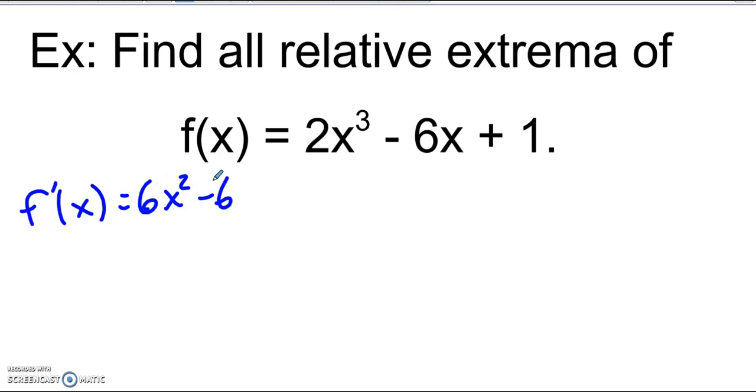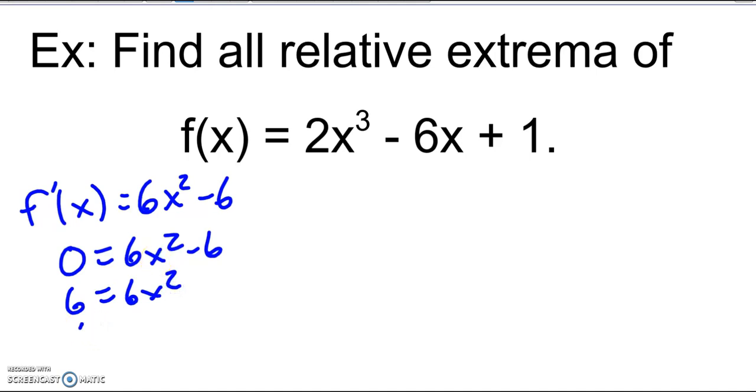And again, we need to find where the derivative equals 0. And then we solve. So we can do this in a couple different fashions here. Add 6, divide by 6, and then square root both sides. In this case, we cannot forget when we take the square root of 1, we'll have plus or minus 1.